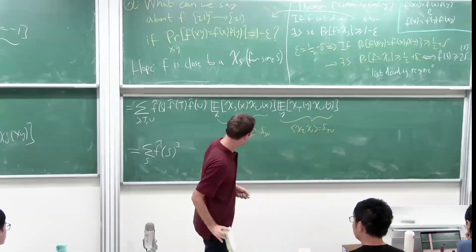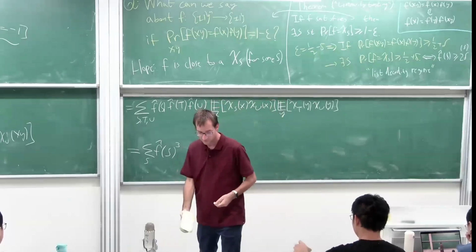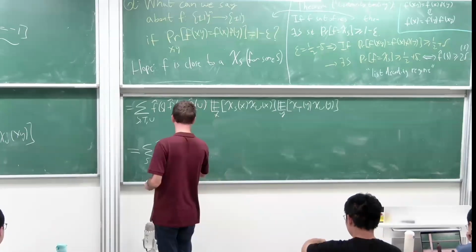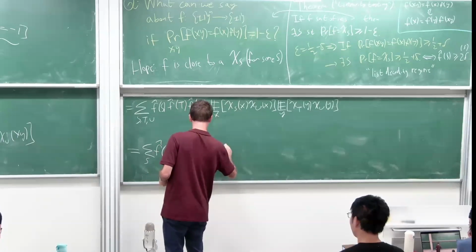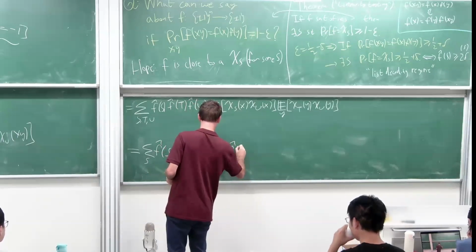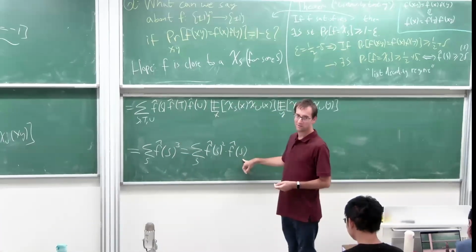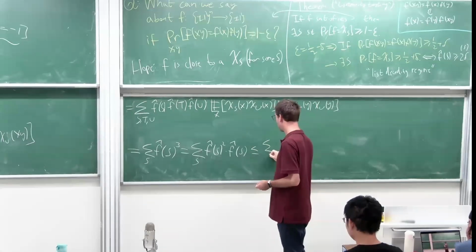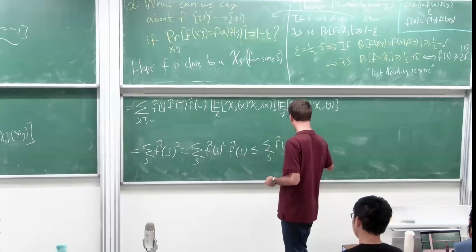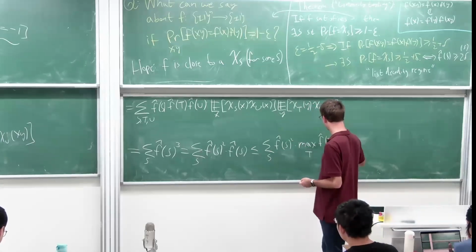Let's make up some space. Okay, so we write this. Now we replace f hat of s with the maximal Fourier coefficient. So this is at most the sum over s of f hat of s squared times the maximum over t of f hat of t.